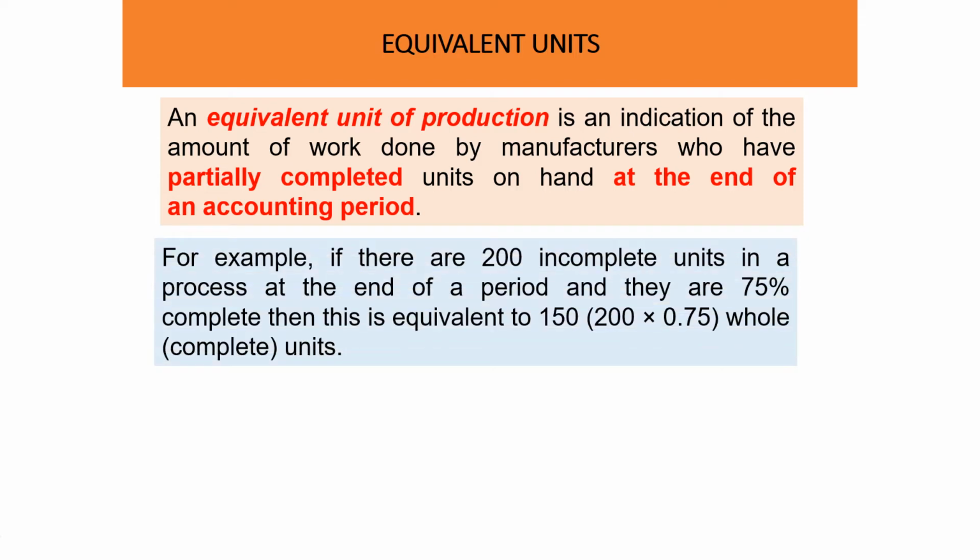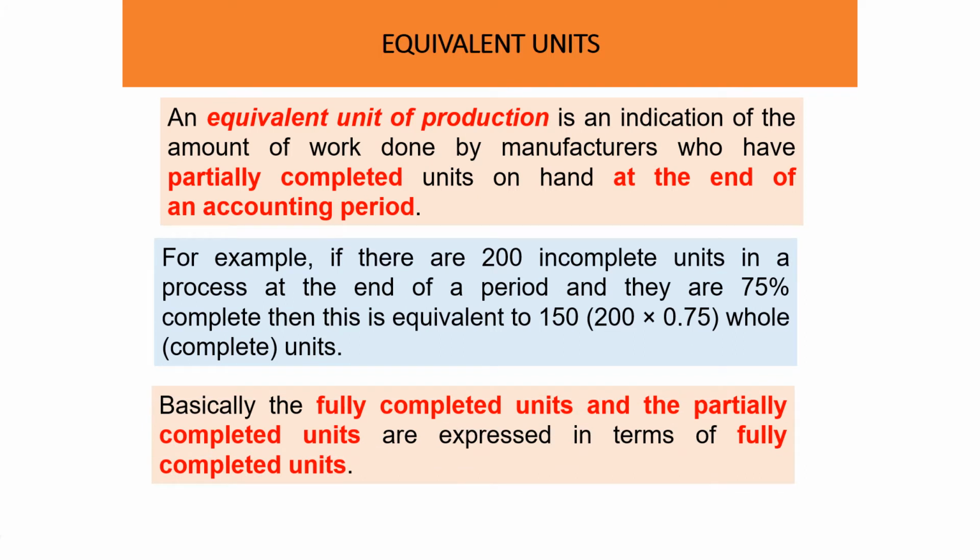For example, if there are 200 incomplete units in a process at the end of a period and they are 75% complete, then this is equivalent to 150 (200 times 0.75) whole, complete units. Basically, the fully completed units and the partially completed units are expressed in terms of fully completed units.